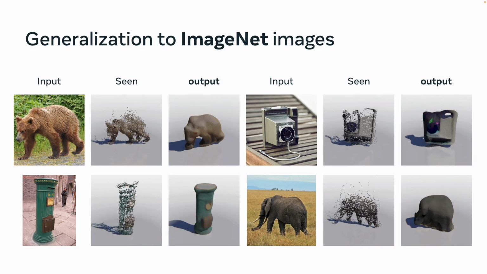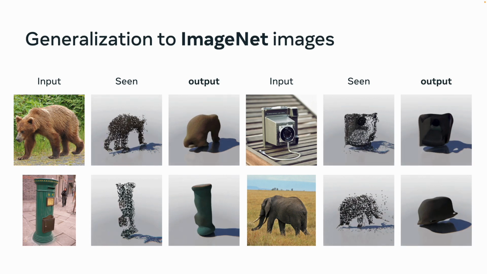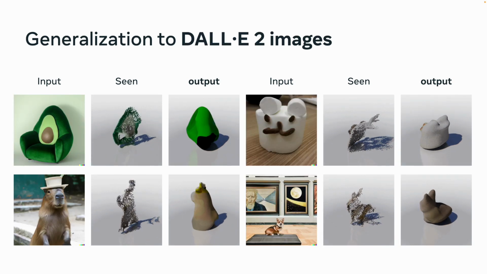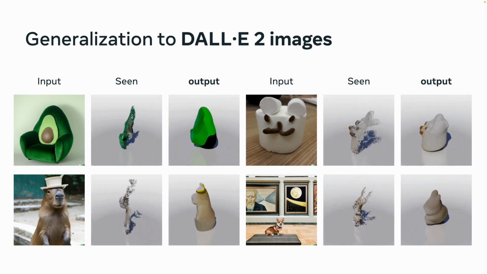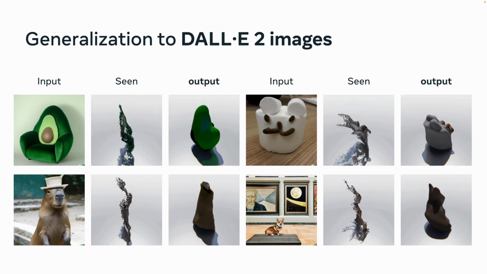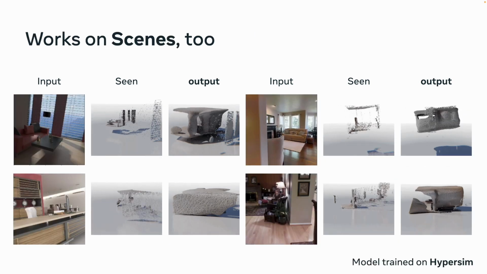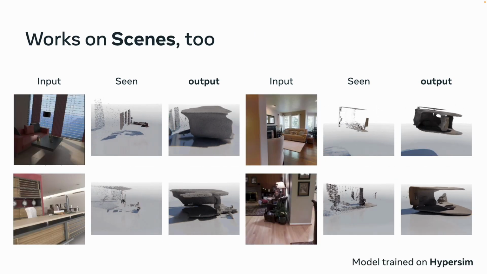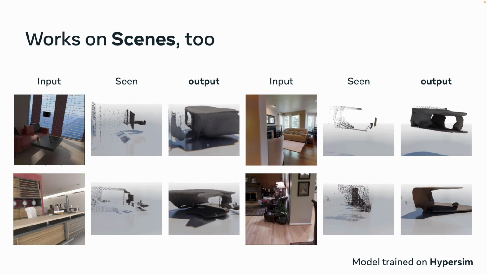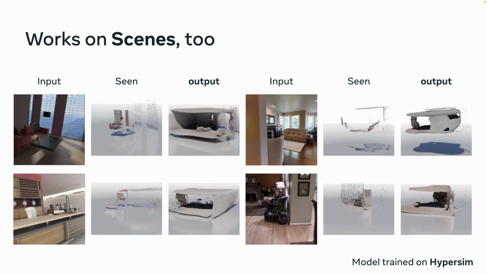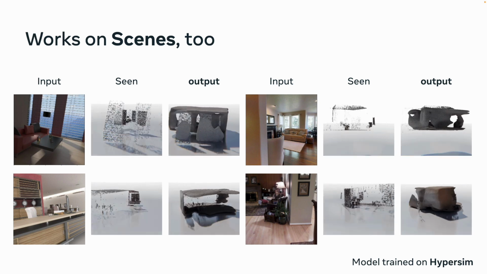MCC generalizes well in these settings as well. Furthermore, MCC even generalizes well to imagined objects from DALL-E 2. These objects were certainly not seen during training. Finally, thanks to MCC's general design, it naturally works on scenes as well. Here are some qualitative results on Hypersim and Taskonomy images.